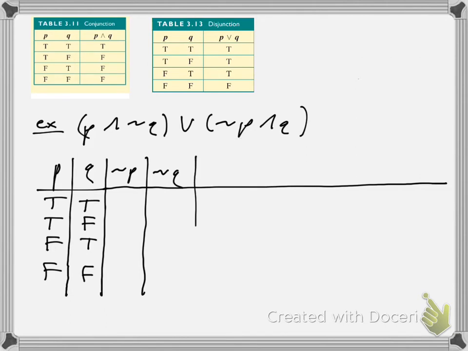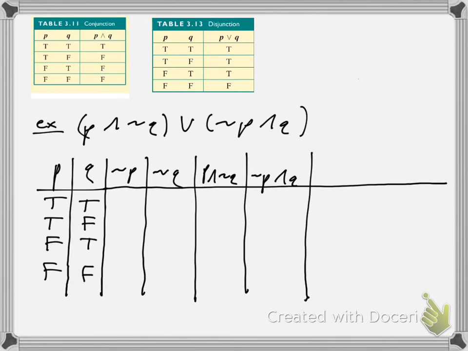Then I'm going to find this first one, which is P and not Q. Then I need to find this one over here, that'd be not P and Q. Then once I find those two, I want to find the overall whole statement, which I'm going to label, that would be P and not Q, or not P and Q.